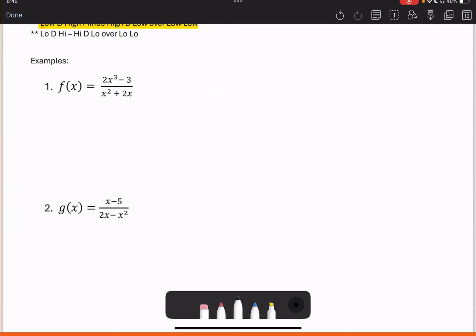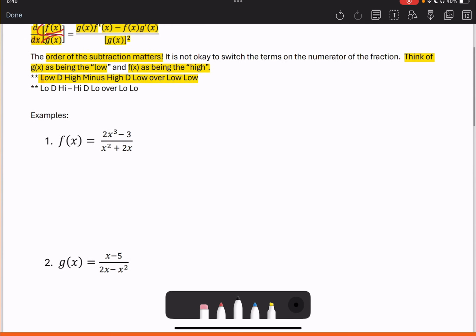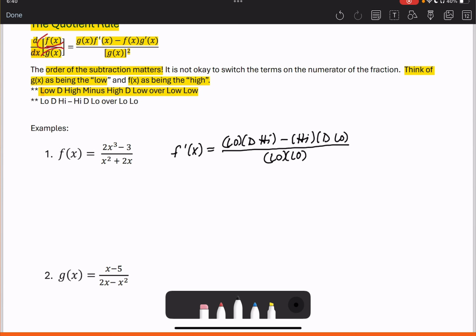So I'm going to think to myself, all right, so the derivative of f of x is going to be low times the derivative of the high minus the high times the derivative of the low over low low, okay? Or instead of low low, you can think about writing that as low squared, okay?